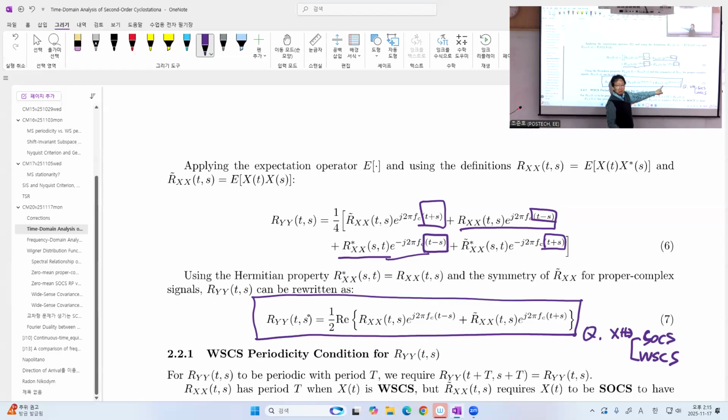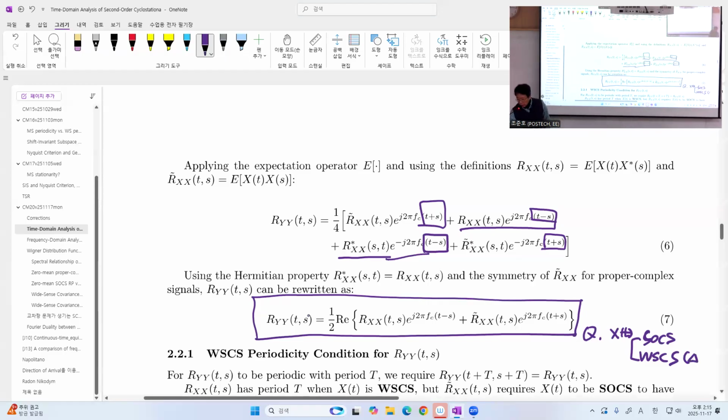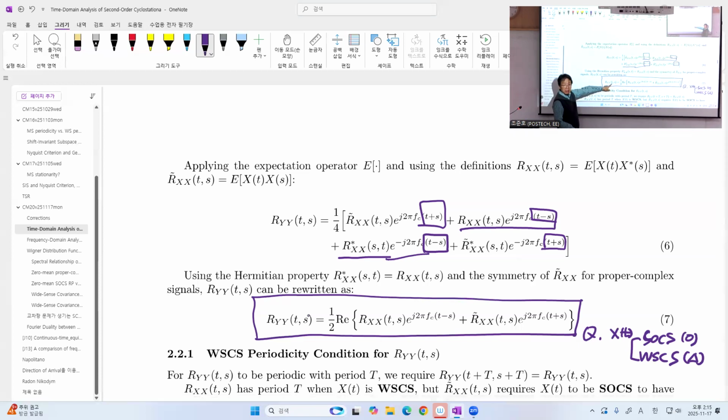Right? Now the question is, what about the cyclostationarity of y of t? So let me rephrase the question. This is not enough, and it is good to talk about whether that provides us some information about the cyclostationarity of y of t.